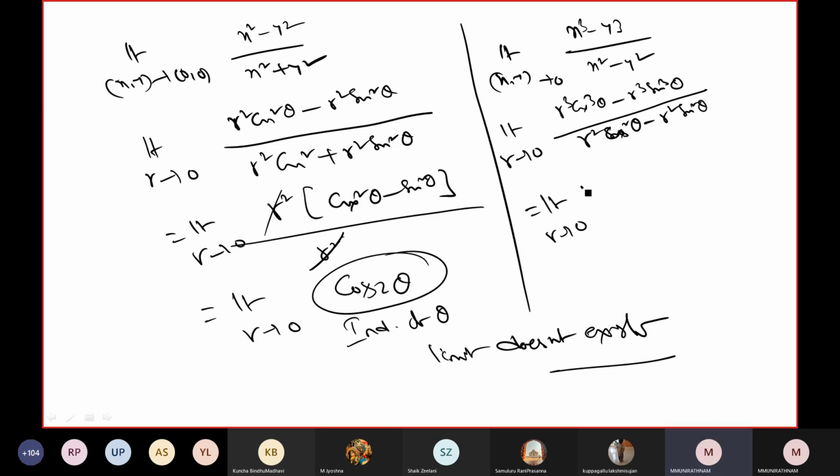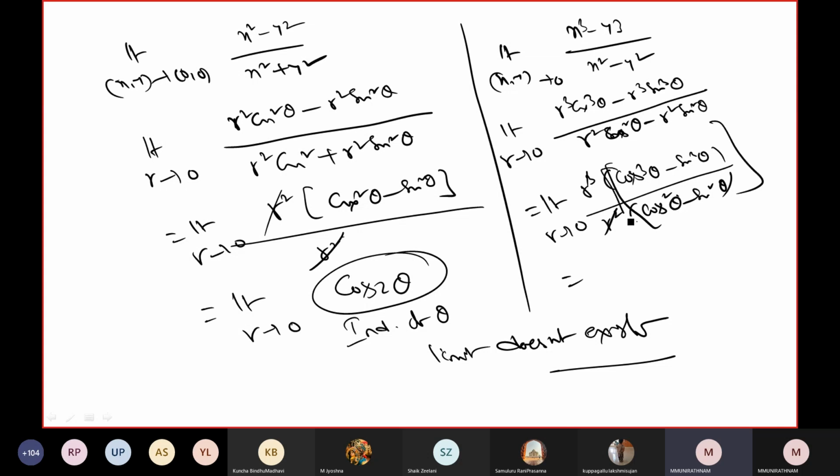So limit r tends to 0, r cube taken common here, cos cube theta minus sin cube theta, by r square taken common here, cos square theta minus sin square theta. So r square cancels, with r remaining. This is r into something, we don't bother about this something, because this whole thing is treated as a constant, independent of r. So it is 0 into something, always 0, therefore the limit exists and that will be 0.